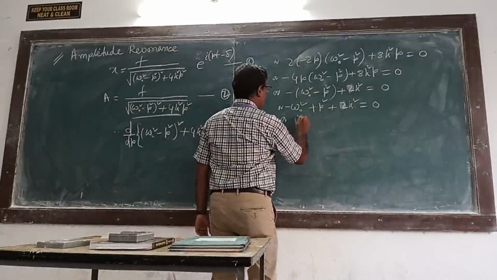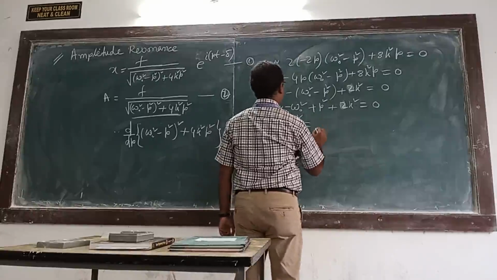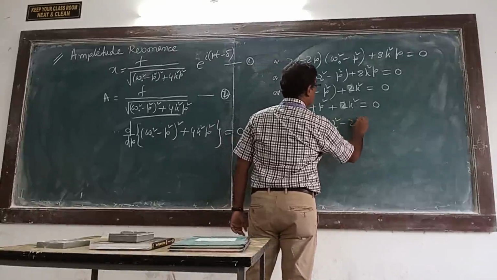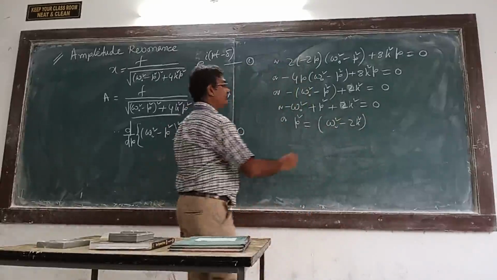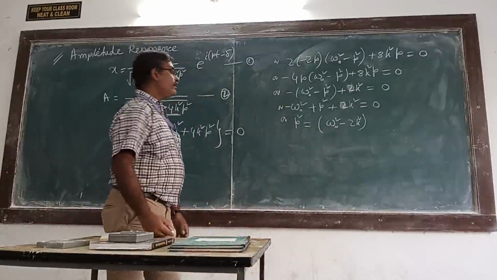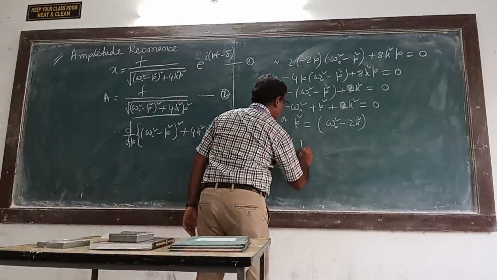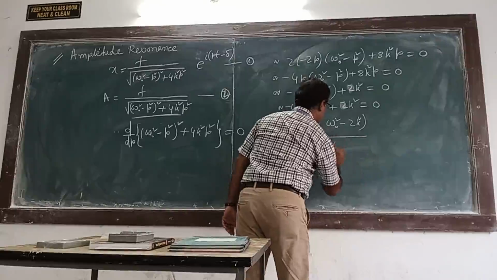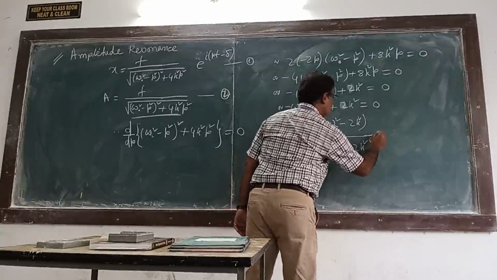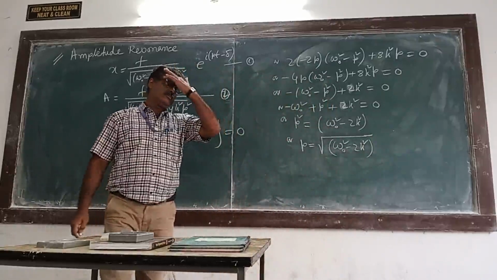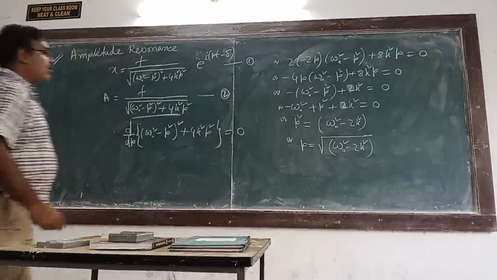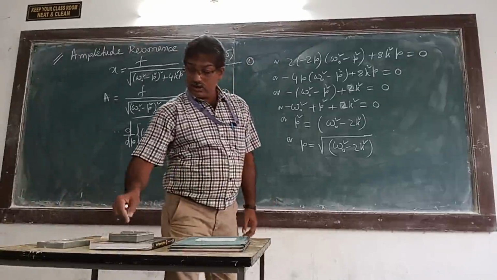Or p square equals omega 0 square minus 2k square. Or p equals root over omega 0 square minus 2k square.